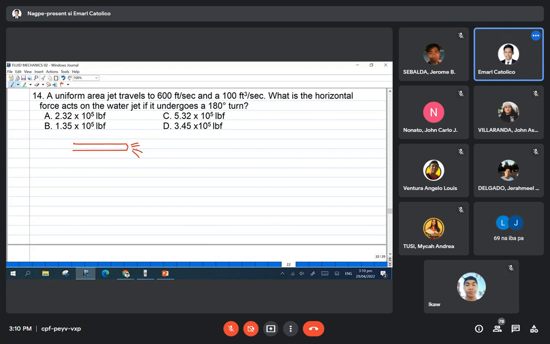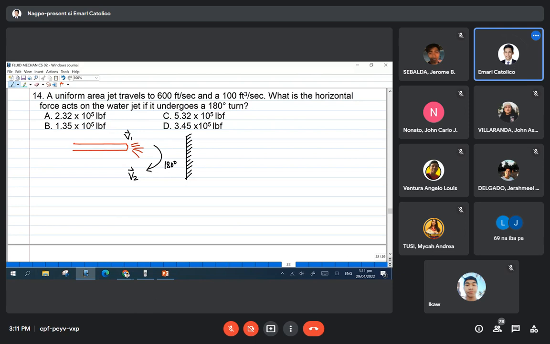May tatalsik dyan. So, nandito yung V1. Meron tayong V1 dito. Since magto-turn siya na 180 degree, doon mapupunta si V2 mo. Bakit siya nag-turn ng 180? Kasi meron kang parang pader dito. Doon mo patatamain yung jet mo. Ayan yung itsura niya.